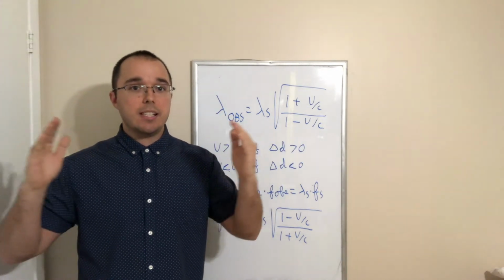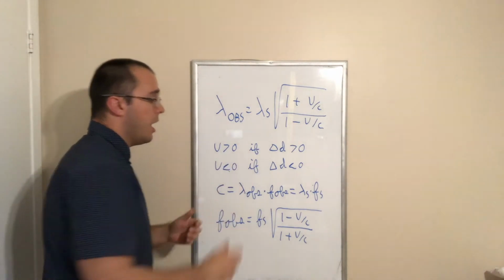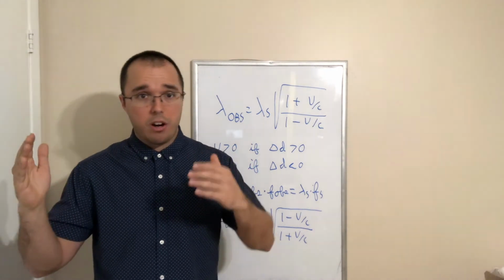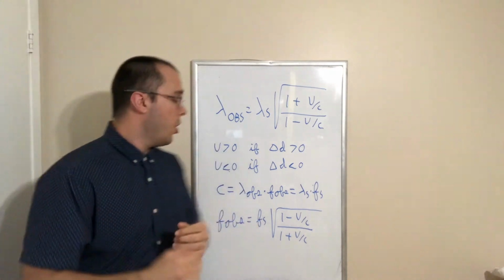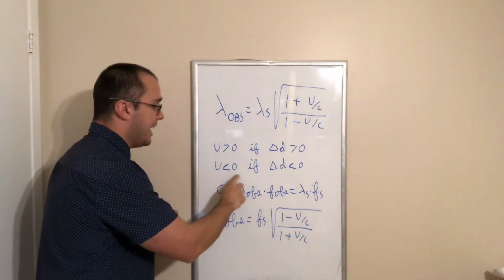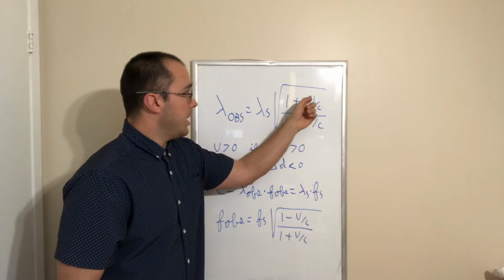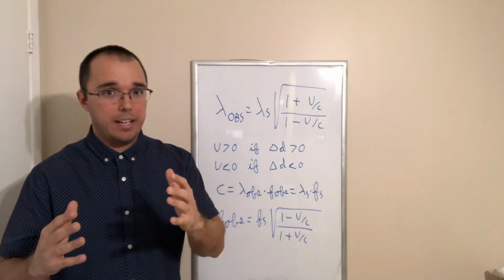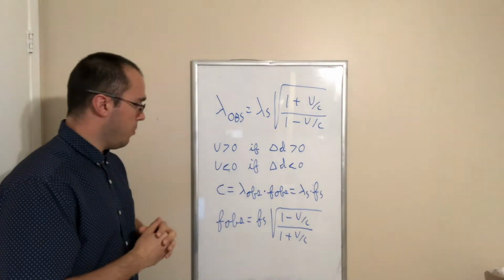So if the distance is increasing, we consider the velocity to be positive. The inverse: if the distance between, let's say, a star and a telescope on planet Earth is decreasing, we consider the velocity to be negative. Keep in mind that we need to take into account the plus or minus sign here. We will see many examples of these in the example after this video.